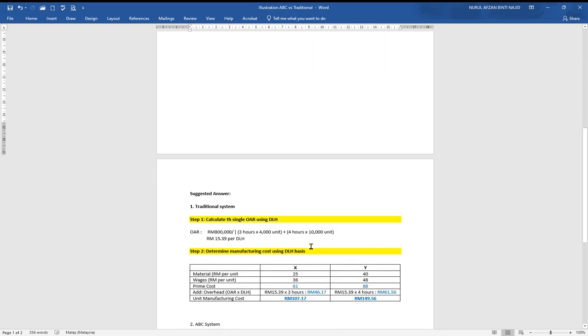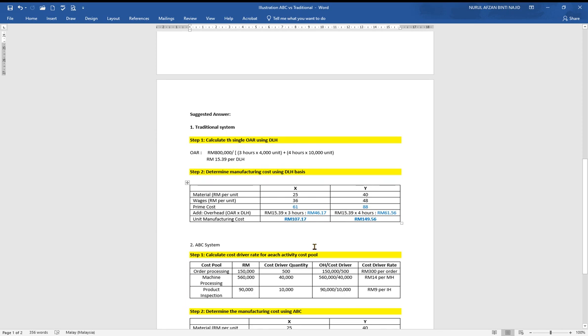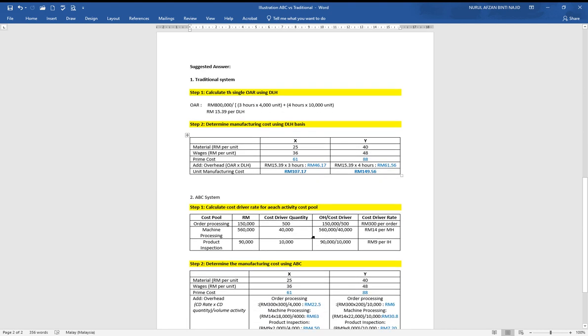I will explain to you using the suggested answer so that you have the idea of the differences in calculating the production cost using the traditional system and also the ABC system.